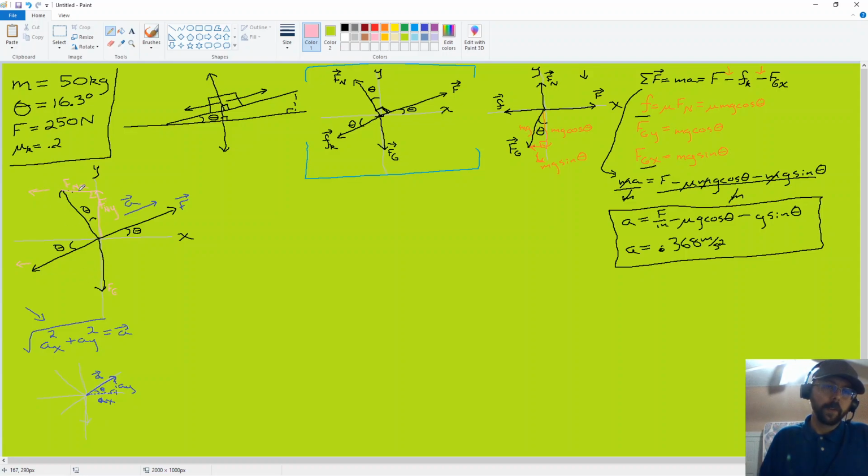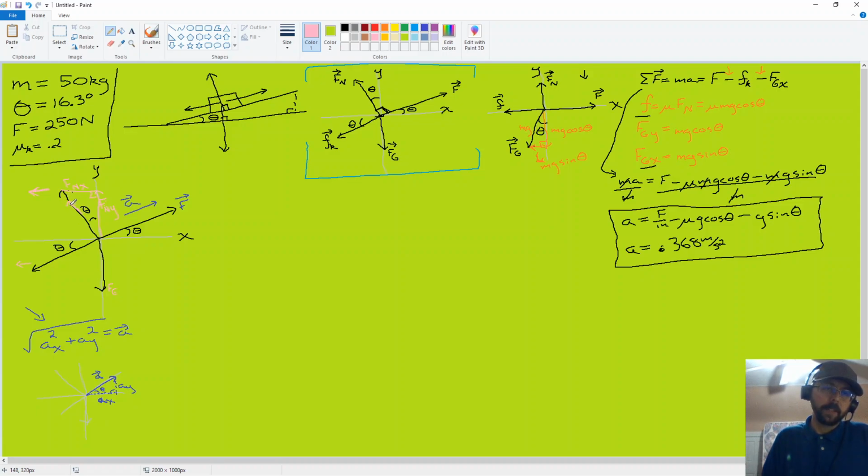So I would look for the x component of the normal force. This is incorrect, but what I was wanting to do was look for the x component of the normal force in this direction, and take that as one of my forces that I'm summing together, and then use the normal force, which I think I was wanting to use this force right here.